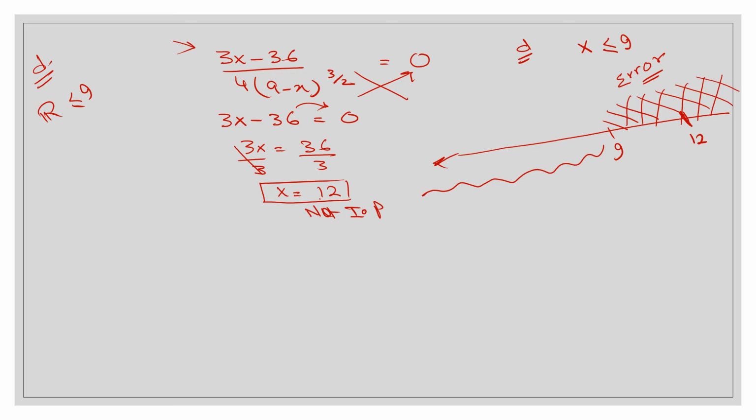Now after that, you have to choose any number less than 9, put it in the second derivative and check whether you get the positive sign or the negative sign.